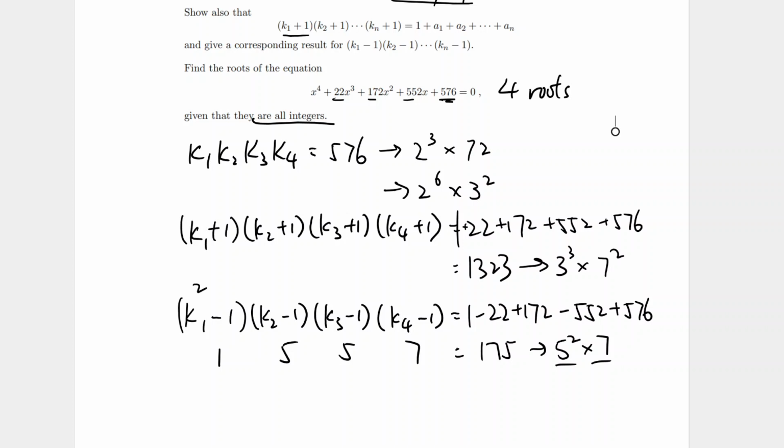Alright, so if K1 is 2, well, then you have to think about what K2 has to be. Well, K2 has to be some sort of 6, I suppose. K3 is some sort of 6. And then K4 is some sort of 8. Now, does that actually solve the equation? Now we have to have a look. So, if I say K1 is 2, then this actually makes sense, because this is 3.